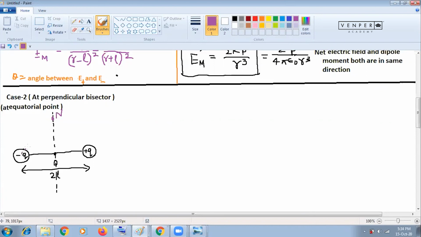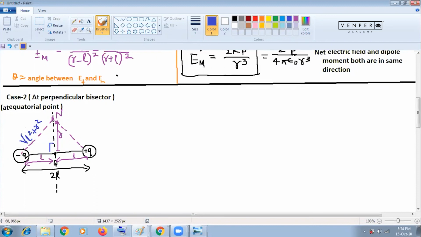So from here to here there is some distance, and from here to here some distance. Now this distance I'm taking as R. And this is L, this is L, and this is also L. Now this distance, since it is perpendicular, with L and R as base and height, is under root L square plus R square.